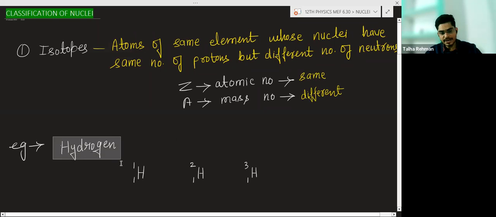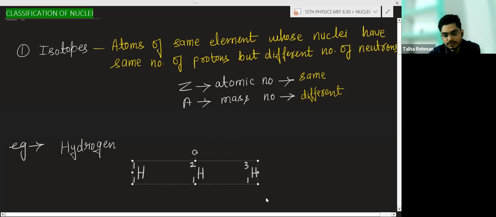Suppose the hydrogen element is there. In nature, hydrogen is found in three forms: 1H1, 1H2, 1H3. These are the three forms of the hydrogen atom.